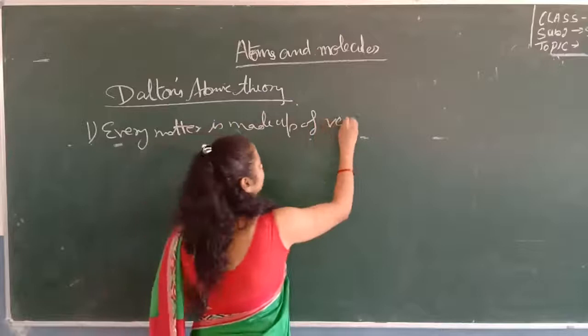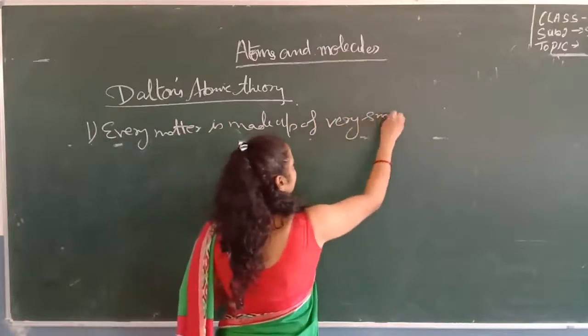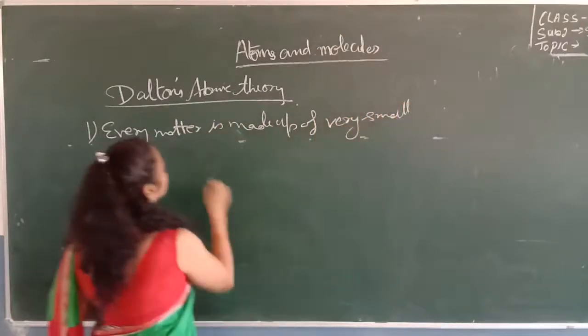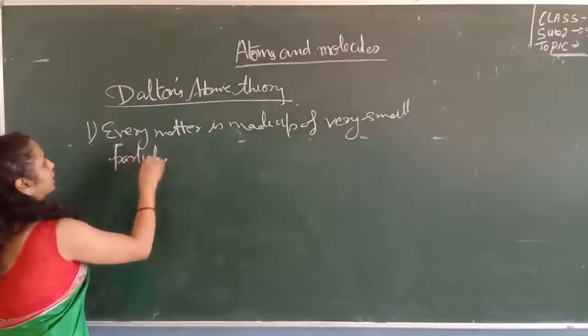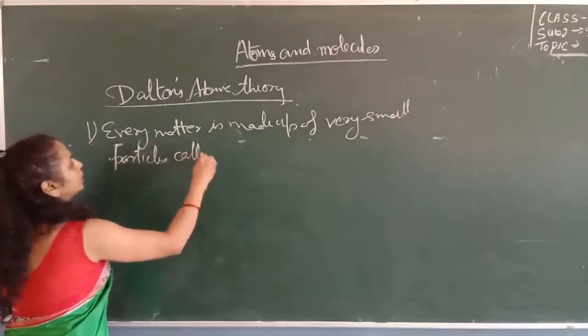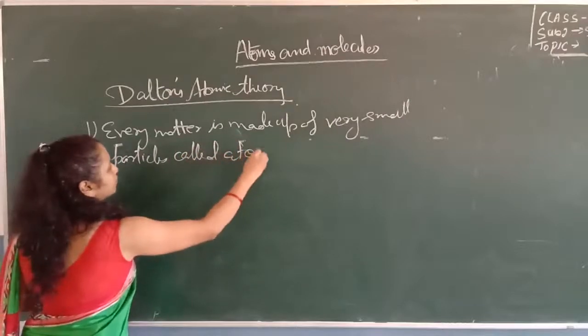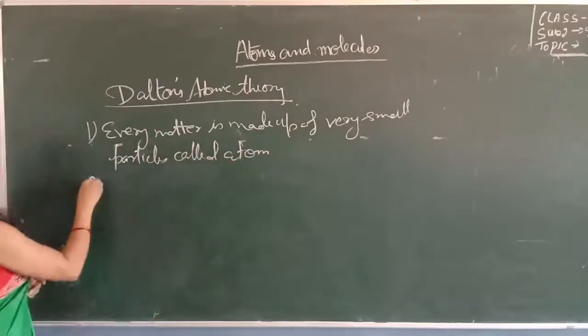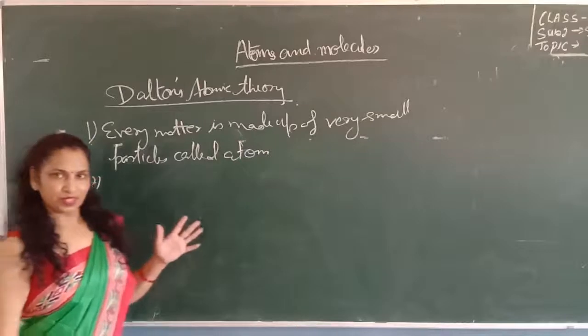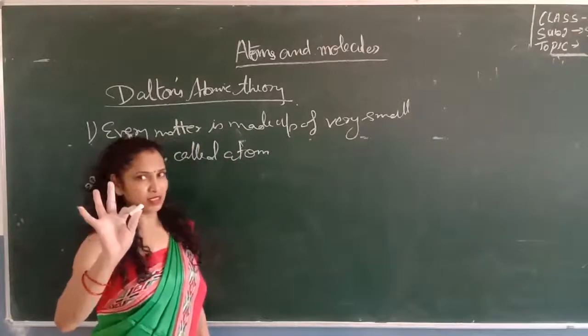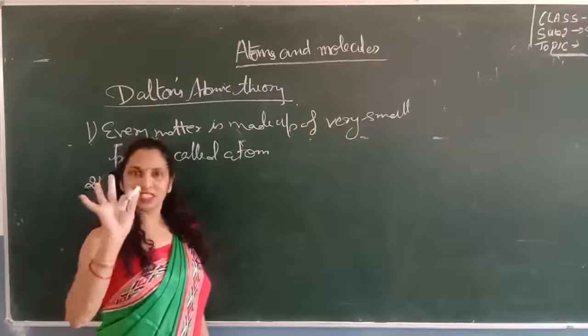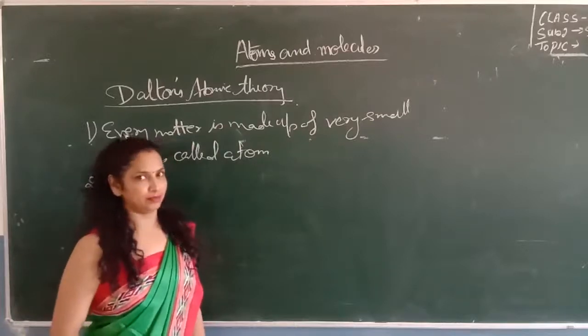So the first point is every metal is made up of very small particles called atoms. I think you understand the meaning of this statement. Even this chalk is made up of particles, and the smaller particle by which this chalk is made up of is called an atom.